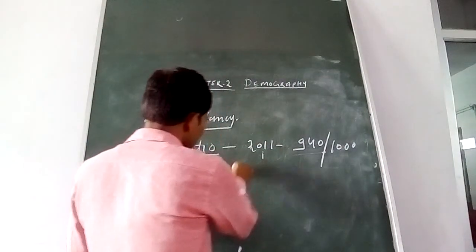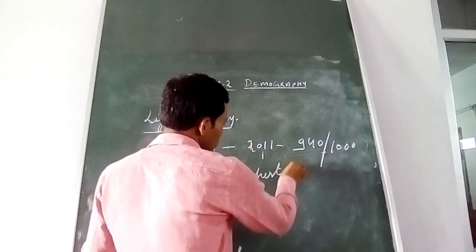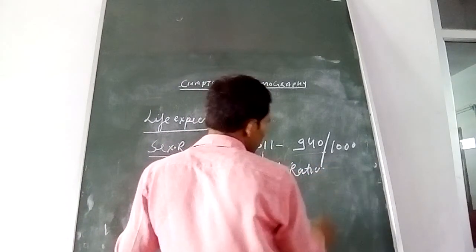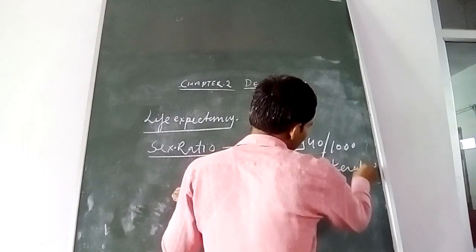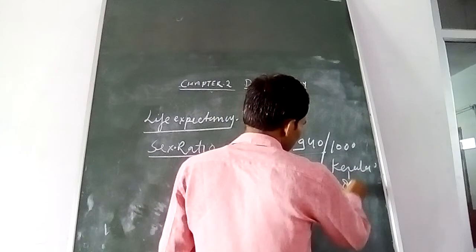The highest sex ratio is calculated for Kerala, 1,084.